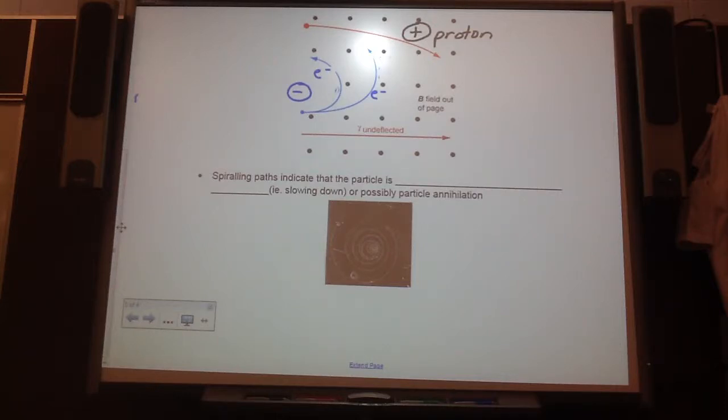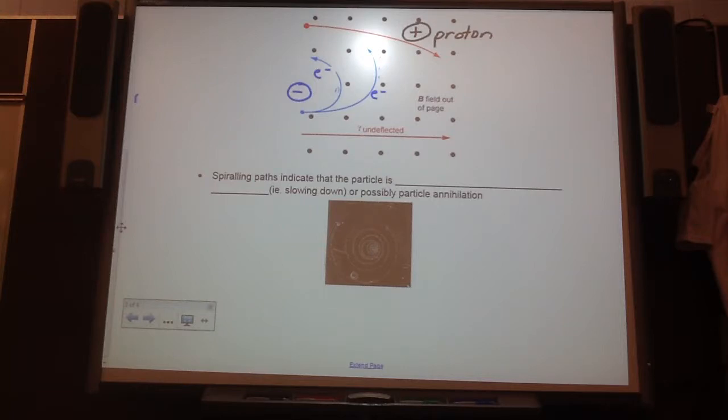Remember when we talked about the flaws of some of the atomic models? It's losing energy. Remember we said, if the electrons were circling around the nucleus in an orbit, they would be releasing EMR. And if that was the case, they would spiral in, right?